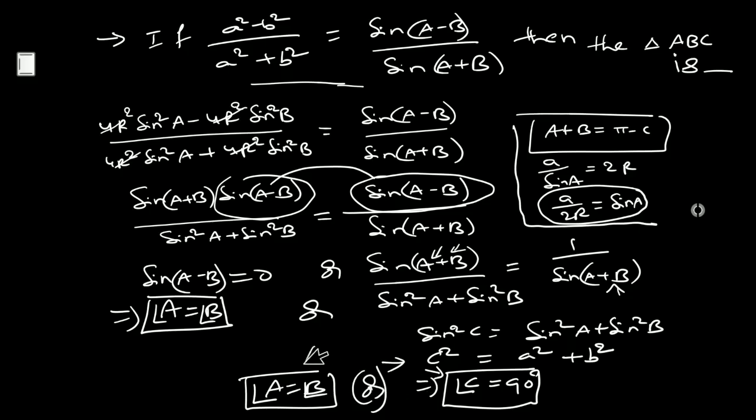That means the triangle is either an isosceles triangle or a right triangle. The triangle is either isosceles or right. That is the final answer. Once revise the solution.